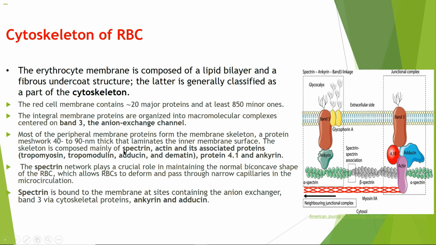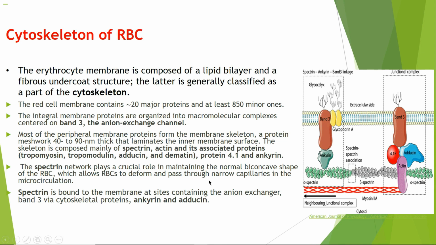Protein 4.1, adducin, and actin form a complex-like structure with the spectrin protein lying underneath them. This spectrin is very important to keep the normal biconcave shape of the RBCs. RBCs are flexible and easily deformable because of this spectrin protein.